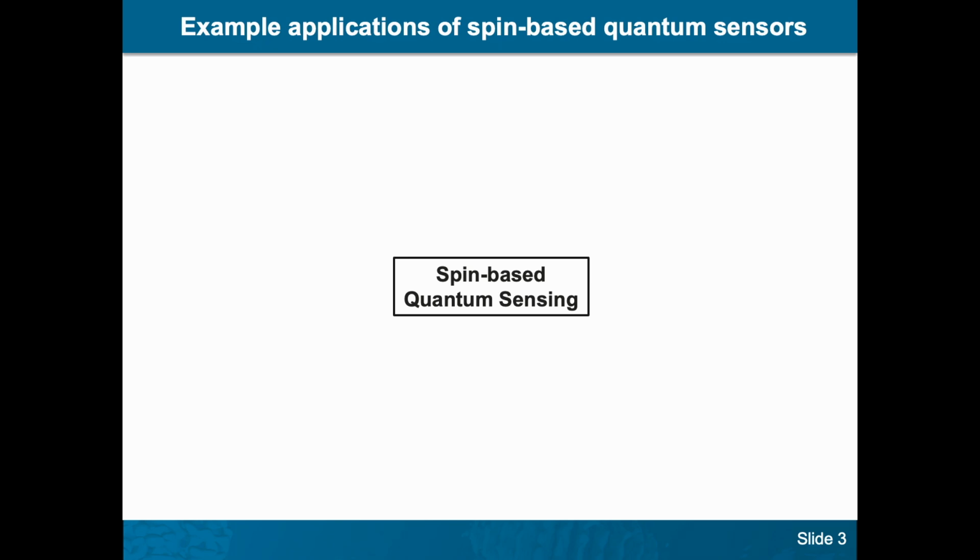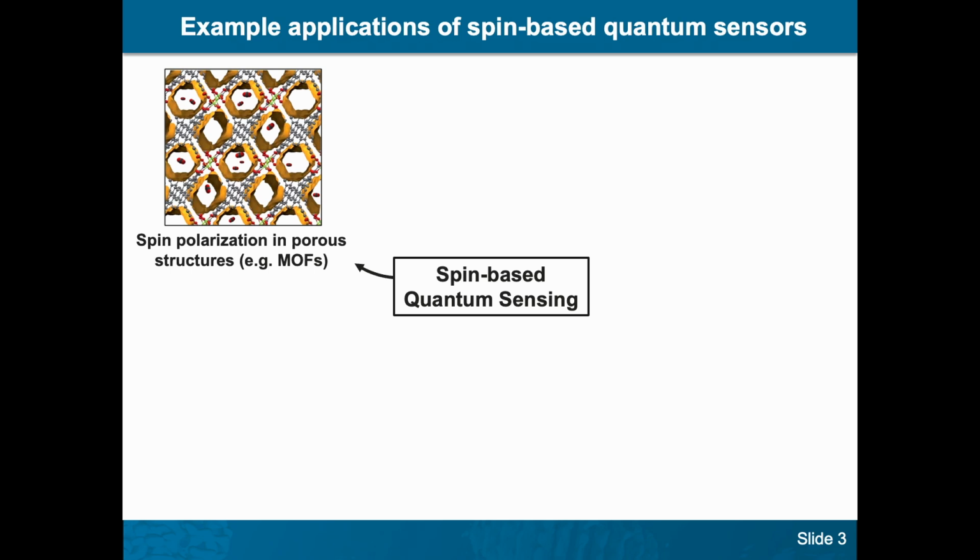To give you some overview first about spin-based quantum sensing, this is like a little bird's eye view on the various things one can imagine doing. Some have been done already, and some are being actively pursued by several people in the community on spin-based quantum sensing. Some ideas are to use porous materials lined with quantum sensors.